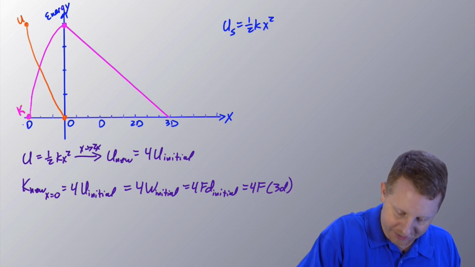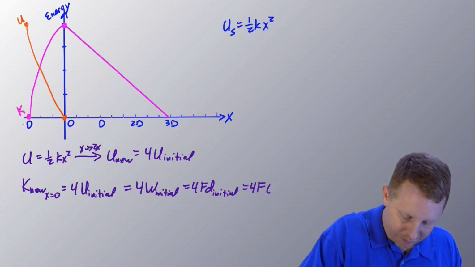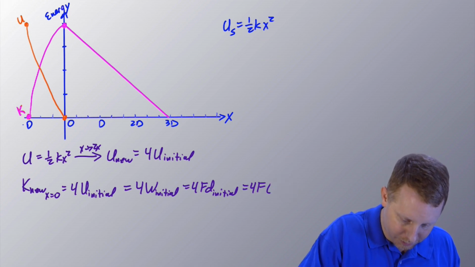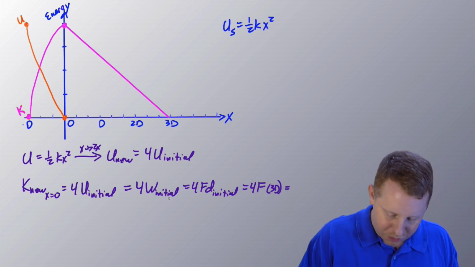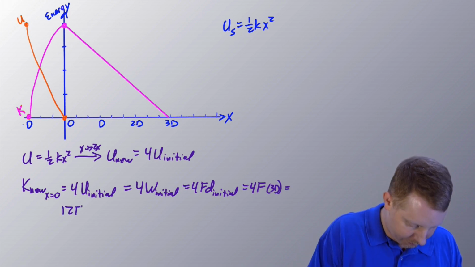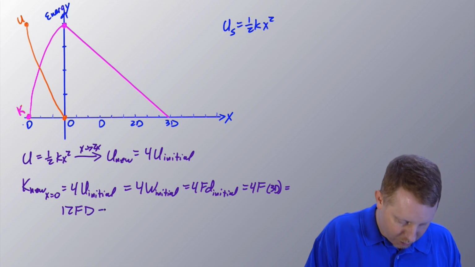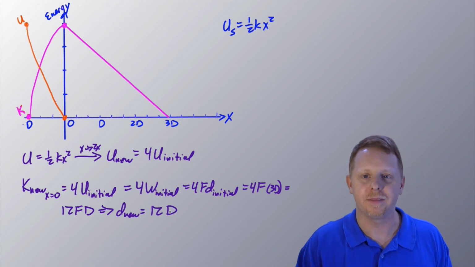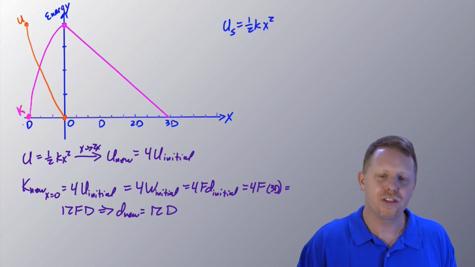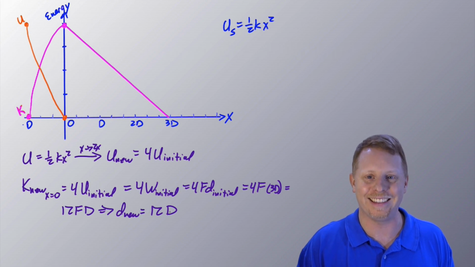Oops, I should probably make that a capital D. 4 times 3D, which is going to be 12 FD, which implies that our new distance traveled is going to be 12D. It's going to go 4 times as far. So some sort of quantitative reasoning like that.